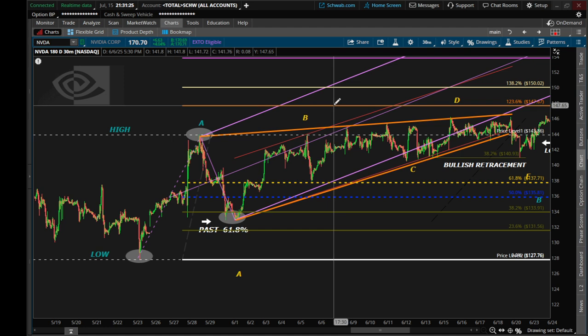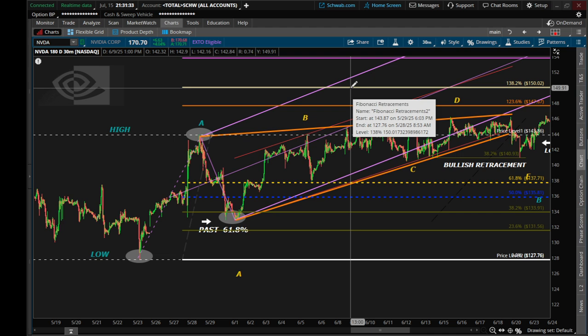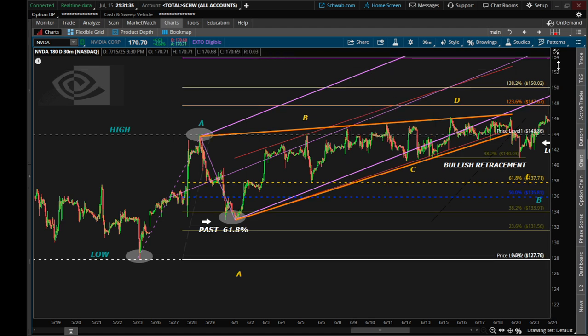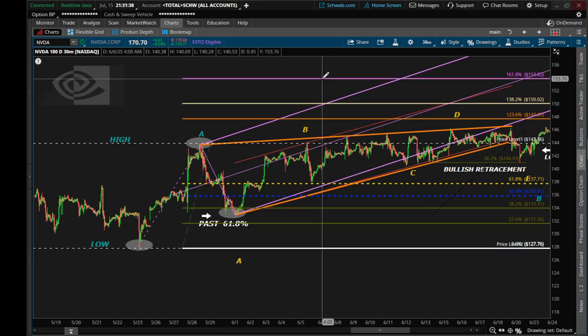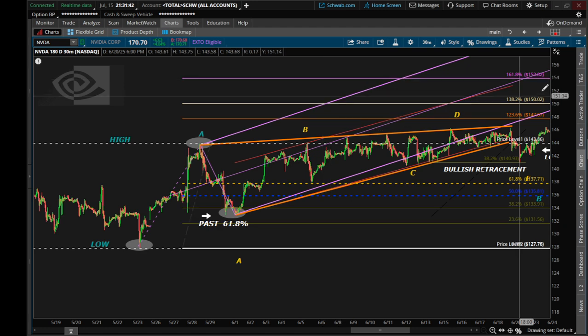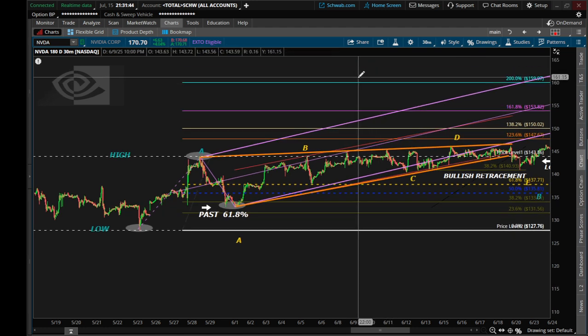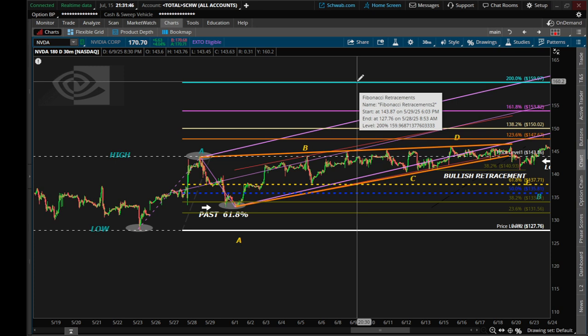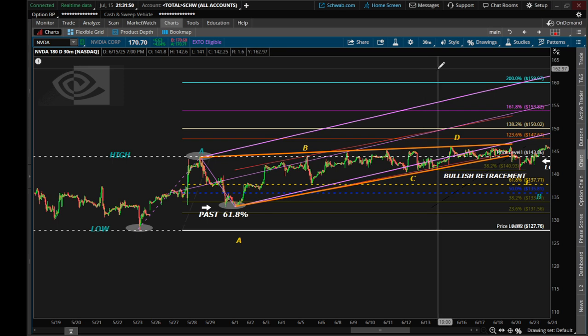Our first target was the 123.6 at 147.66, 138.2 at 150, the 161.8 at 153.82, the 200 at 159.96.